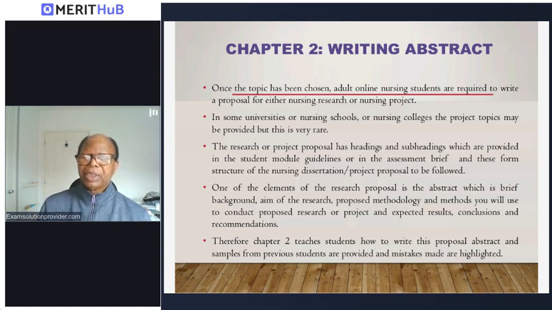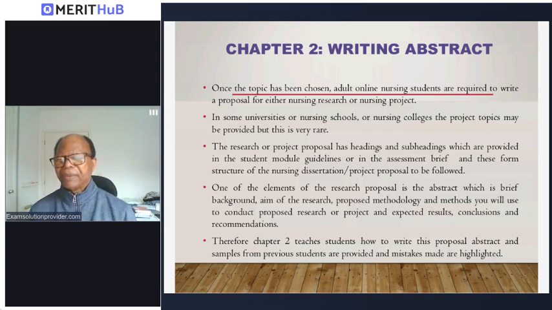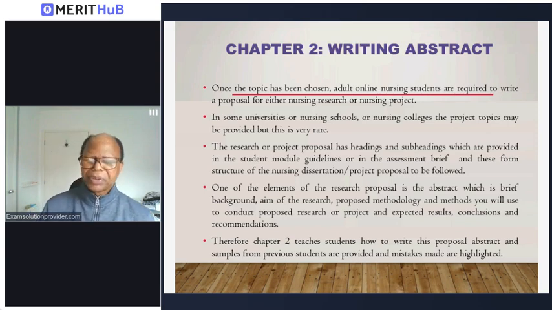Okay, so don't struggle to write the abstract first before you write the whole proposal. No, you write the abstract last because it has got the summary of everything that you are proposing or going to do, or summary of the whole of your project or research, including the methods and the methodologies that you're going to use.